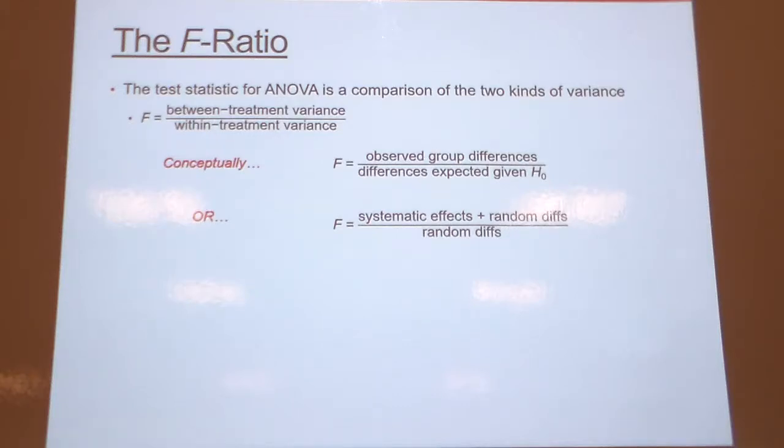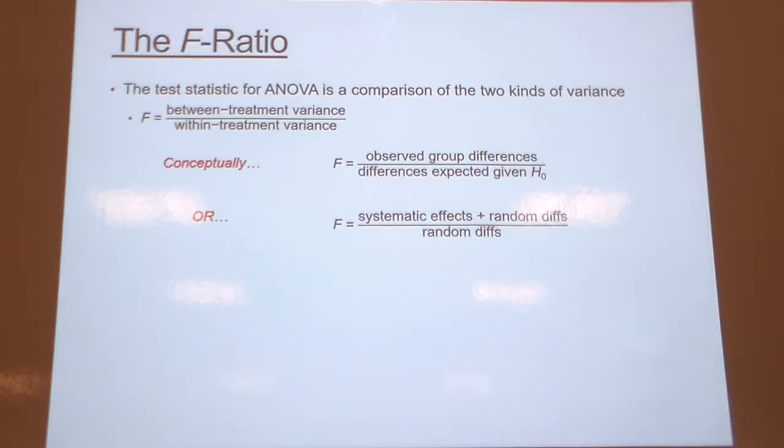And again, if you think about this in the numerator, we're catching systematic effects and random differences, and we divide that by random differences. If we've got a good number of systematic effects, these two things are going to cancel out, and we're going to end up with something quite large, right? Or at least bigger than one.